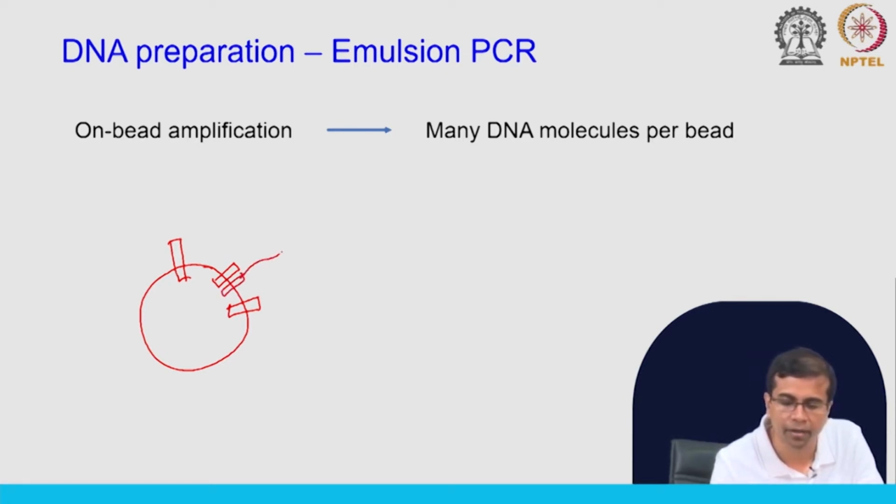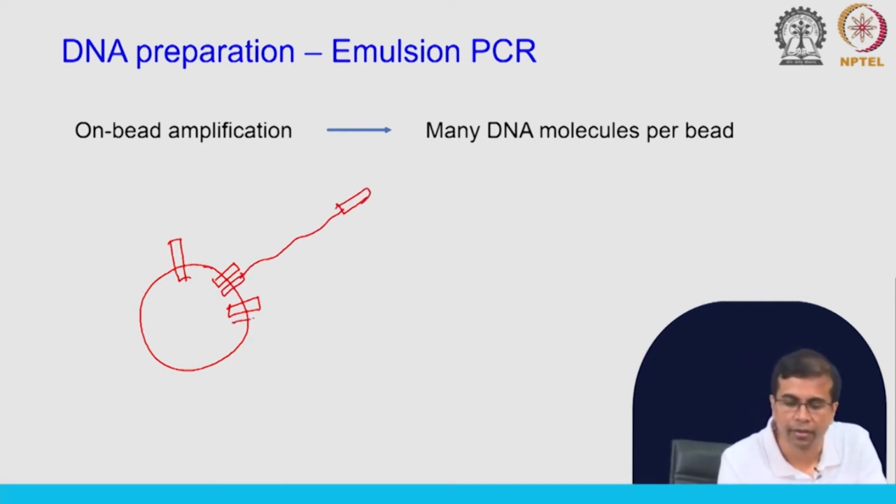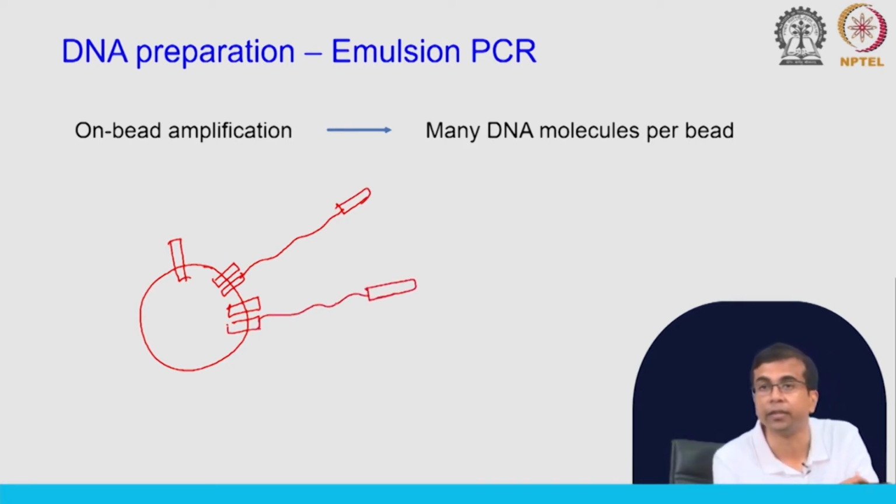Some of these DNA molecules will come and bind. One adapter will be complementary, so they will form this double stranded part. Now, once this is done, you can then synthesize.